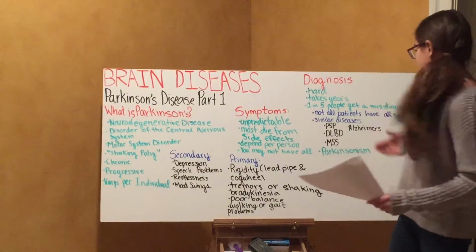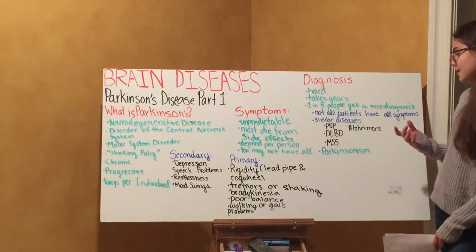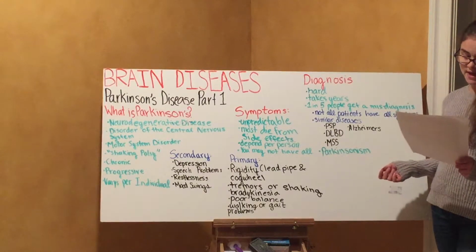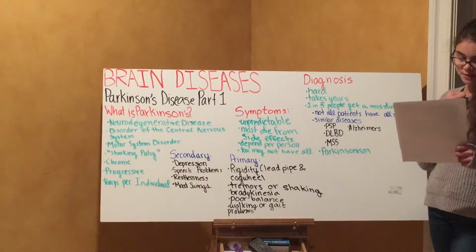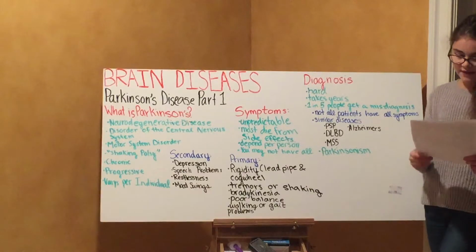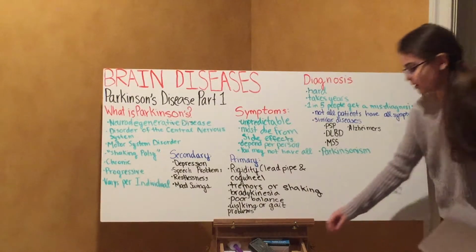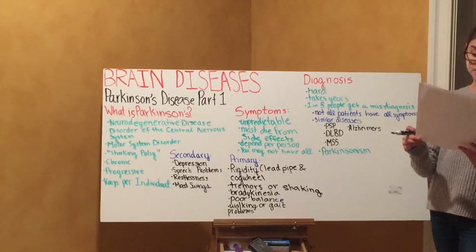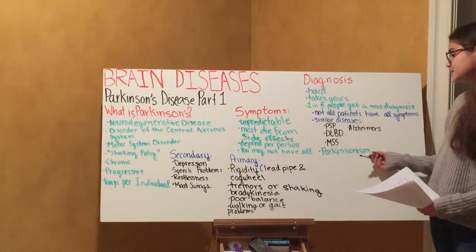They're basically a group of diseases similar to Parkinson's disease, but are caused by different things and have a few different symptoms, and they're not true Parkinson's. So one of them is arteriosclerotic Parkinsonism and drug-induced Parkinsonism, and they're reversible, but real Parkinson's isn't reversible.